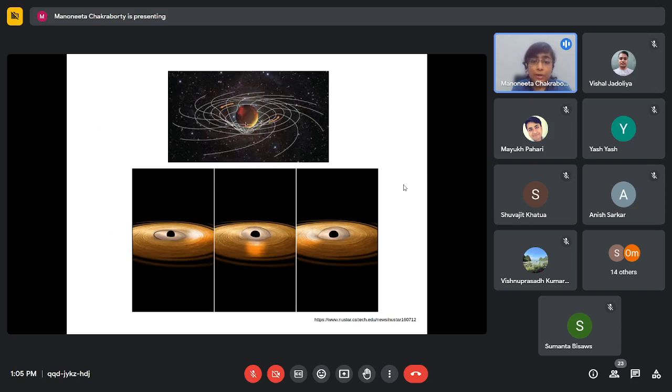So because they have rotation, that means that they are not just deforming the space and time, but they are also imparting a drag on the nearby space and time due to their rotation. And because of this effect, certain perturbations are created in the nearby space and time due to the drag imparted by the black hole on the space-time fabric.